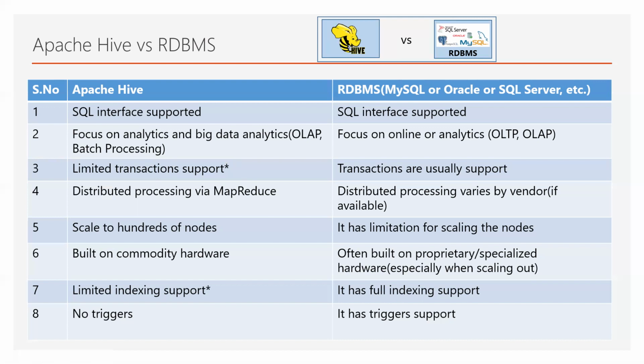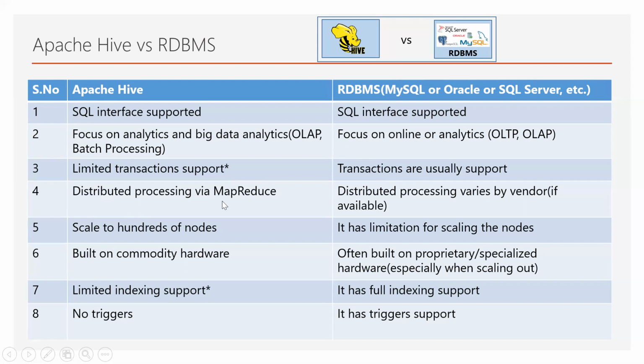There are a few limitations; you can do some transaction operations, but they are limited. We can use update or delete on Hive tables with some limitations. Here we know RDBMS supports transactions.